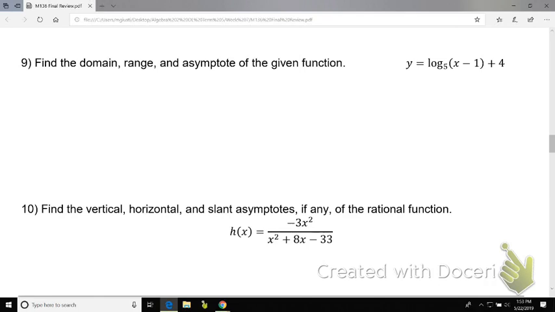Okay, so number 9 asks you to find domain, range, and asymptote of the given function over to the right. So notice it's a log function, and we talked about asymptotes yesterday during the second part of class.